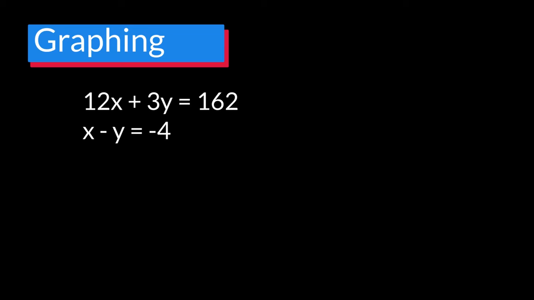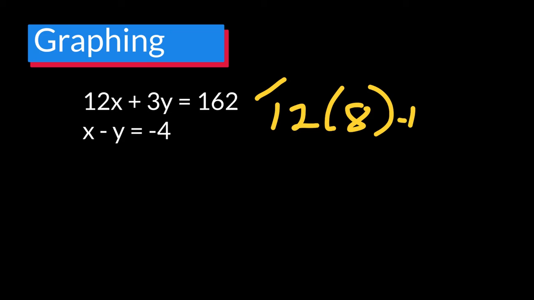So let's take 12x plus 3y equals 162. We might have to do a little figuring out here. Let's see what would happen if x were equal to 8. So that gives us 12 times 8 plus 3y equals 162.